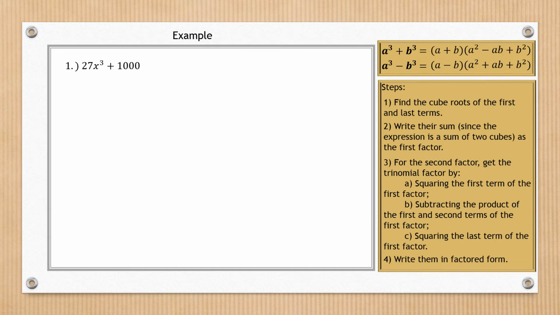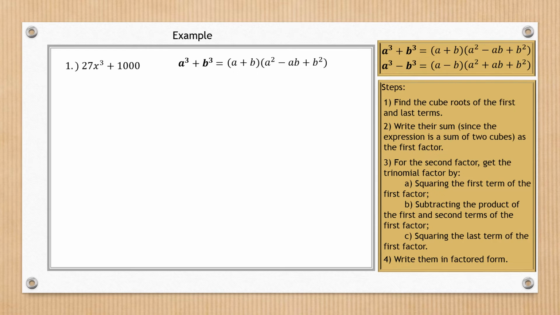So, this example fits our topic. Since we have identified that this is a sum of two cubes, we will use the sum of two cubes formula, because that is how we will solve it. Again, like I said, you have to memorize that one. So, how do we solve it?